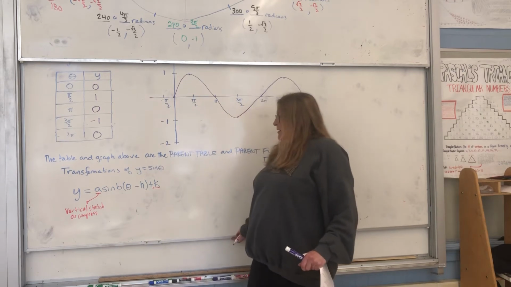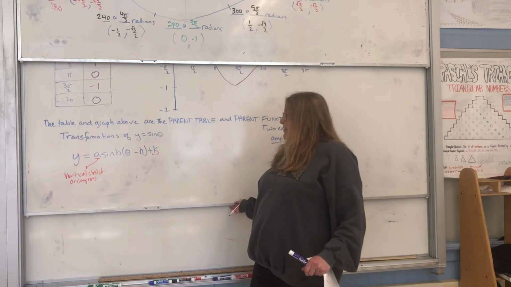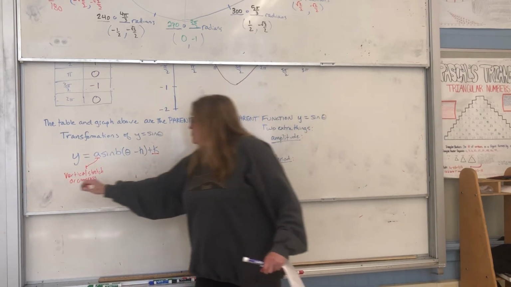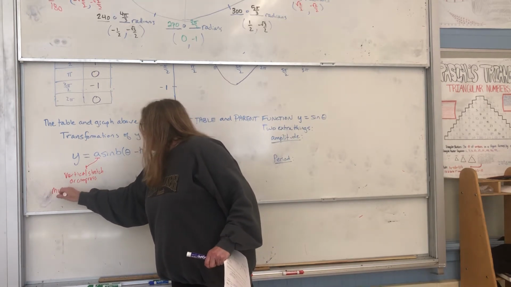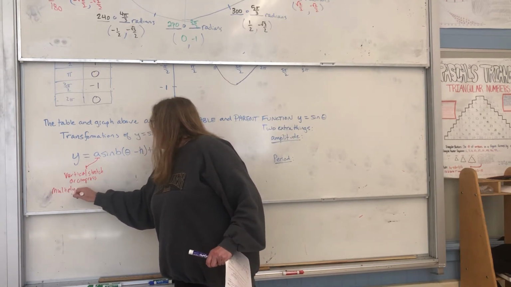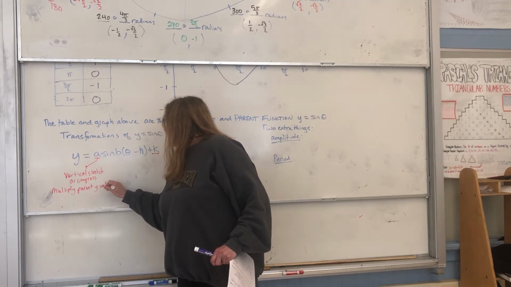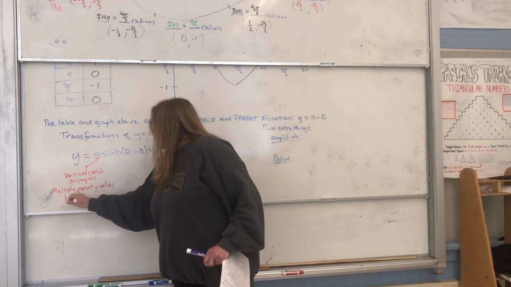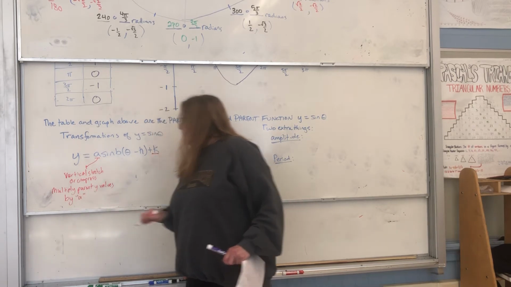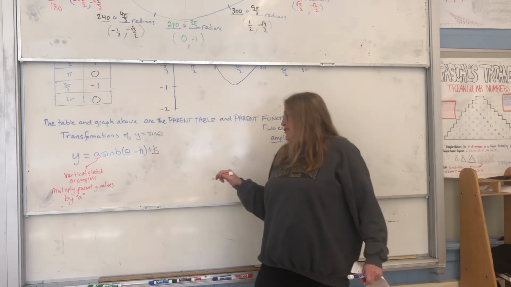Right? So if I'm doing this, that means if I have an A value in my function, I'm going to multiply the parent y by A. Right? Just like with all the other transformations.